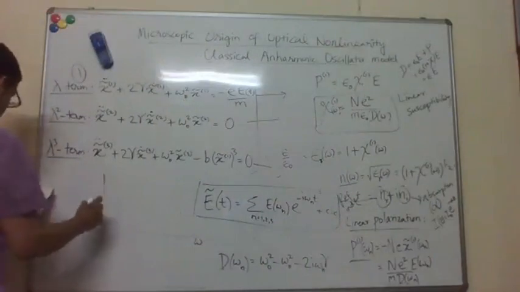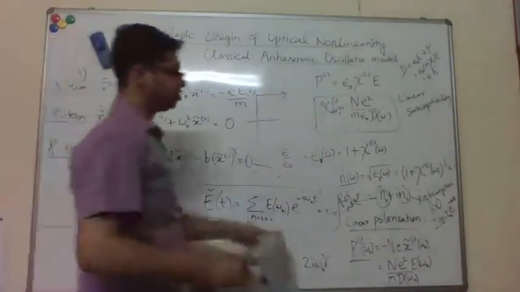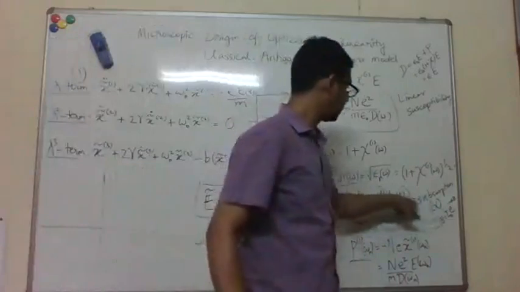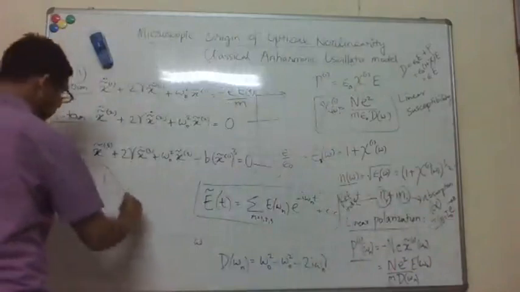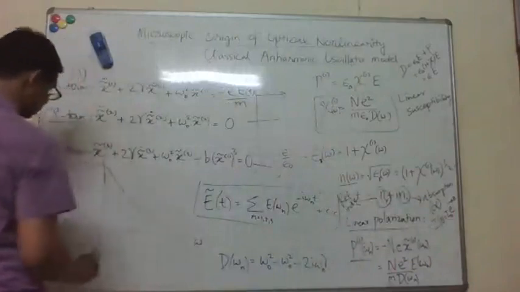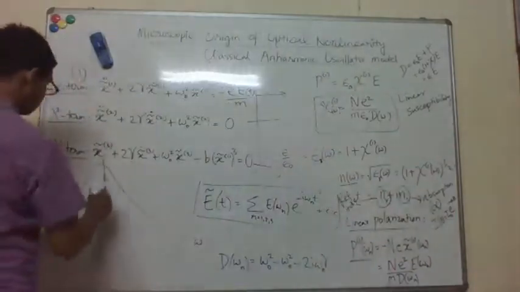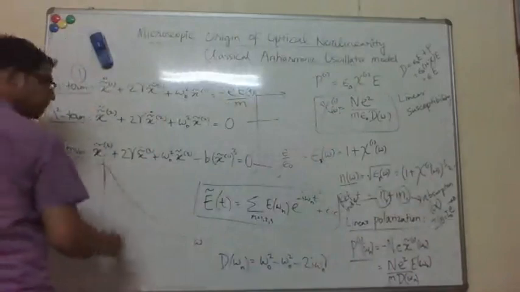Typically, if you look at, for example, this alpha, which is the imaginary part of the refractive index, that looks like this.